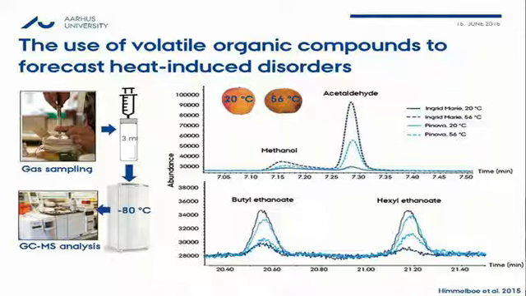And methanol is the same. But you can see here the difference between the cultivars. This is showing some of the esters that are characteristic for apple fruits. And what you can see here is once you treat with a high temperature, you have less production of the esters than if you treat with a low temperature.